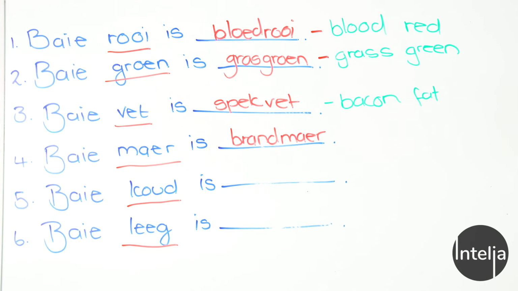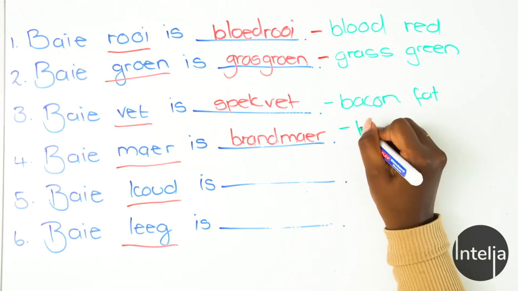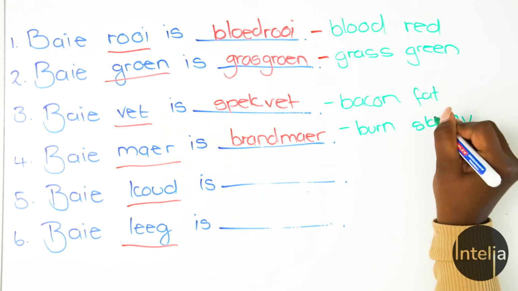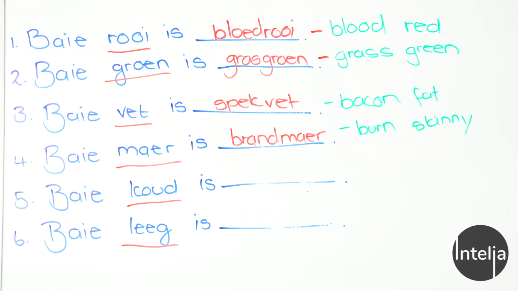If I had to directly translate it, brand, burn, maar, skinny. Look, this doesn't make sense at all. Brand means to be burnt, or burn. Maar means skinny. I guess burn fat. People who want to become skinny, they burn fat, so burn skinny. It's just my own logic around it. But yeah, burn fat, brandmaar, very skinny. Okay.